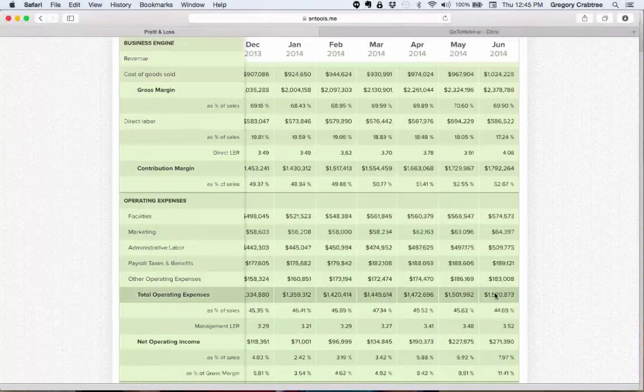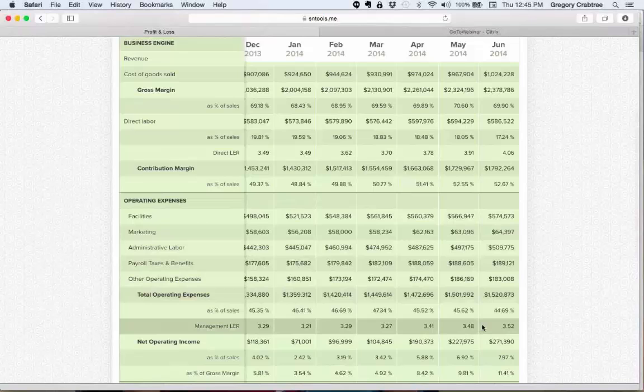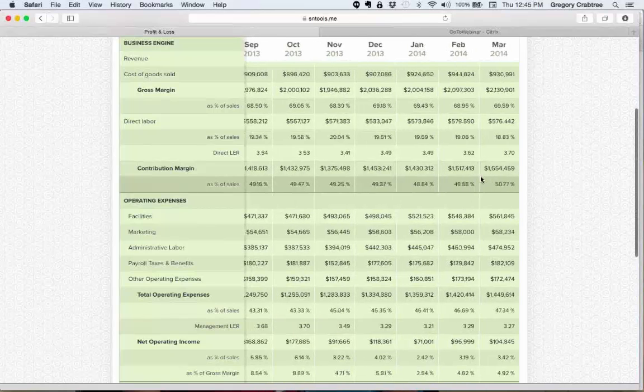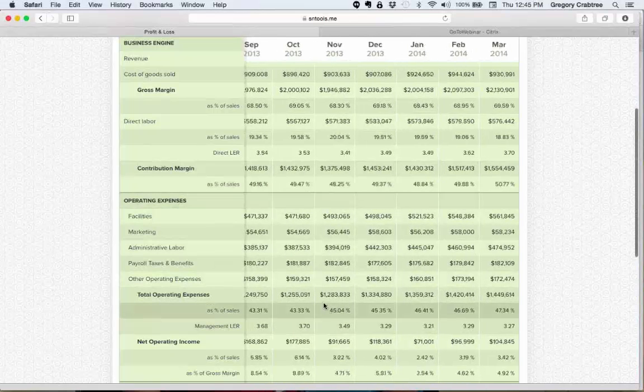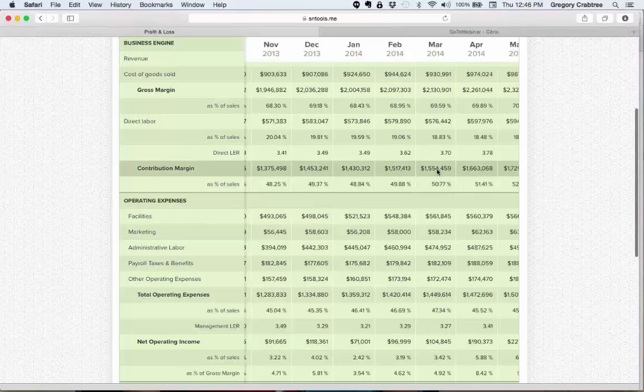Same thing when you look at operating expenses: you're seeing some growth there and some additional spend. But the main thing is their management LER, $3.52 of management LER against contribution margin of $17.92. Versus when you go back and look earlier, their management LER was at a low point of 3.27, and at that point they were only doing 1.5 in contribution margin.